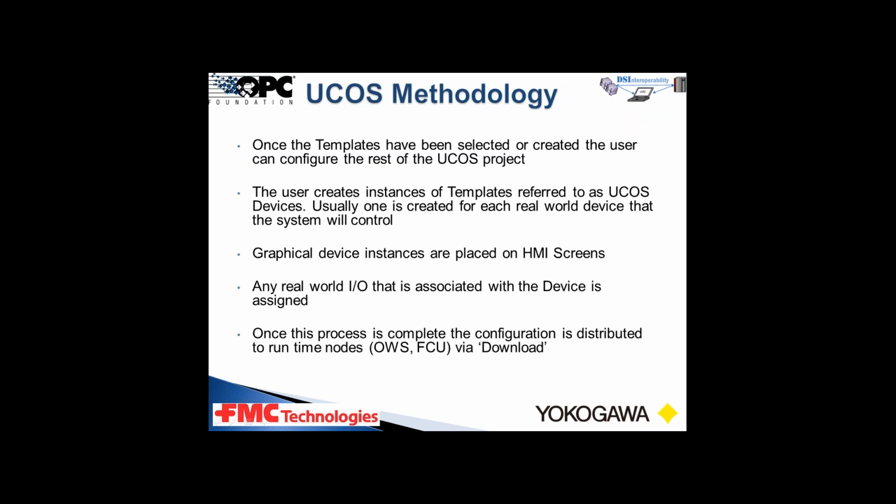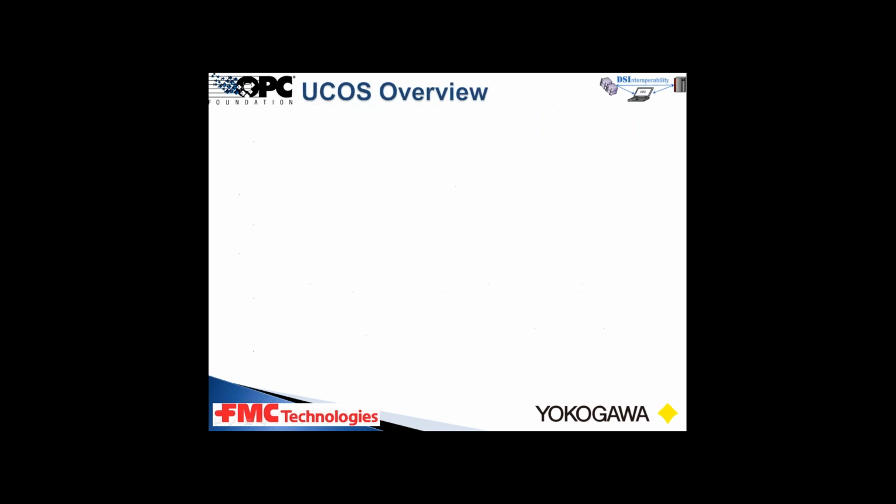And then after the HMI is configured, you can set up any real-world I/O. In this case, that would be I/O to our subsea system, which is our 722 protocol, and I'll get into that a little bit more later. But once the process is complete, the configuration is distributed to operator workstations and our field control unit, our controller, which actually executes the UA interface along with the logic.